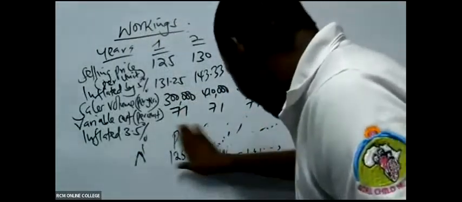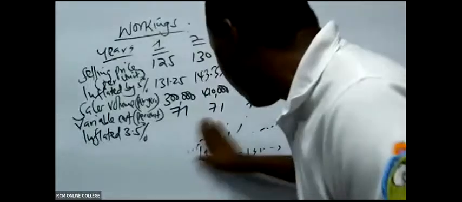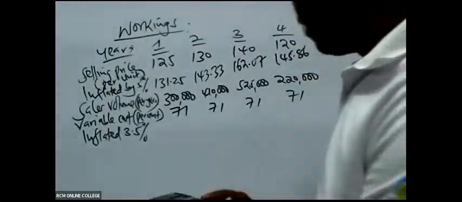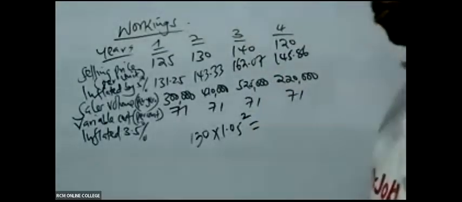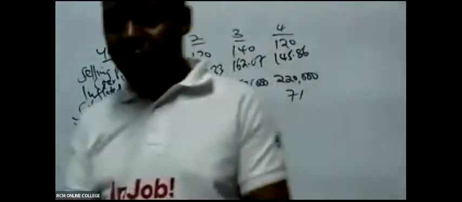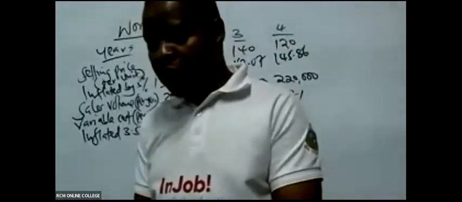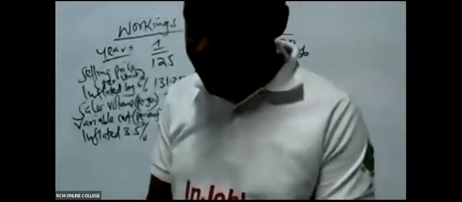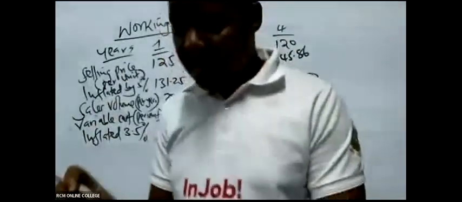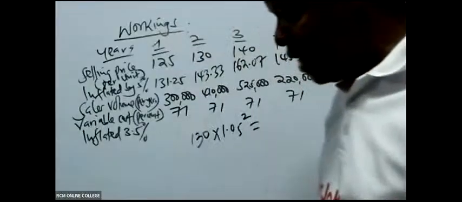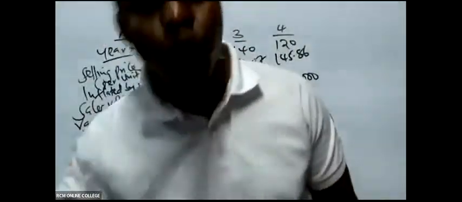Go ahead and get year 2. Take 130, multiply by 1.05, and raise it to 2, not -2, year 2.